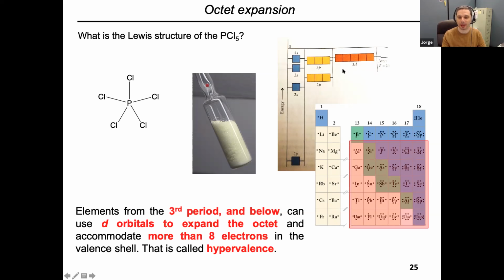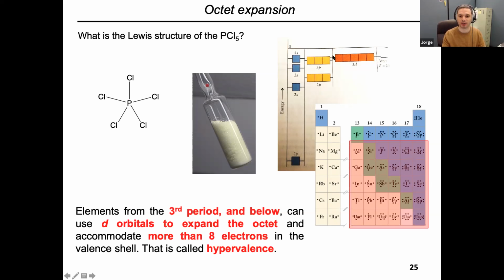Now the energy of the 3d shell is almost the same as the 3p shell. Therefore, elements from the third period and below can expand the valence shell towards the 3d shell, and can use the d orbitals to make covalent bonds.